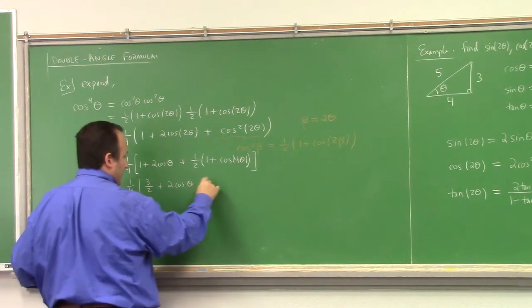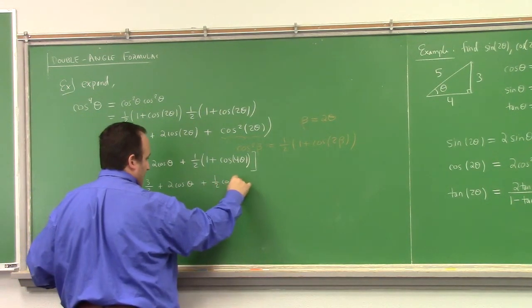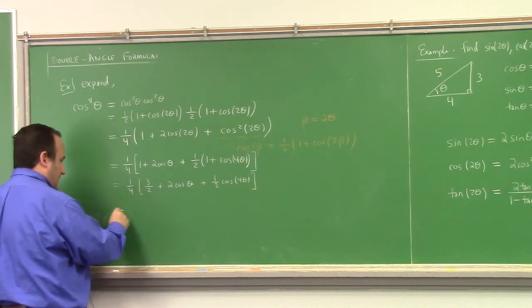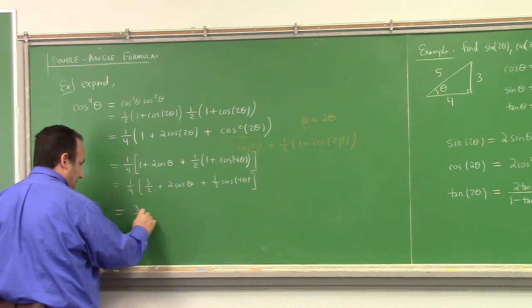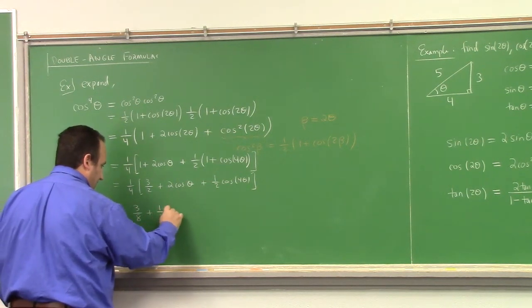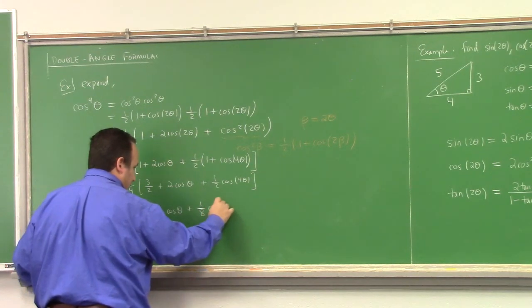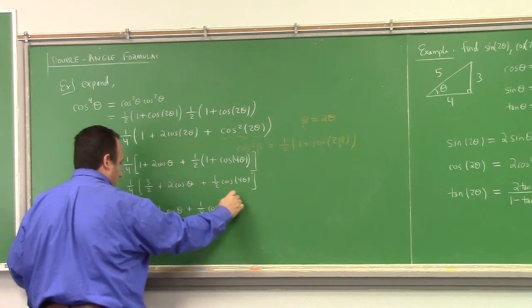And then one last thing here, 3/8 plus 1/2 cosine 2 theta plus 1/8 cosine of 4 theta. And there you go.